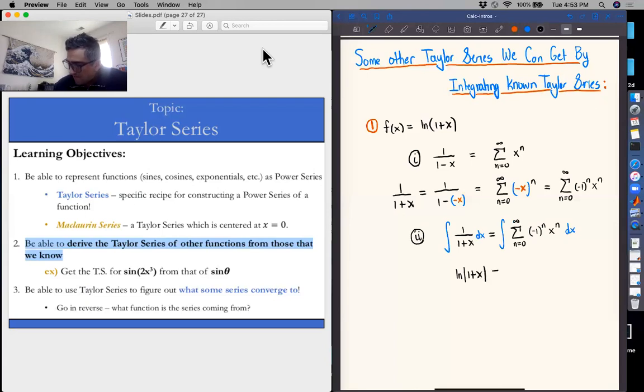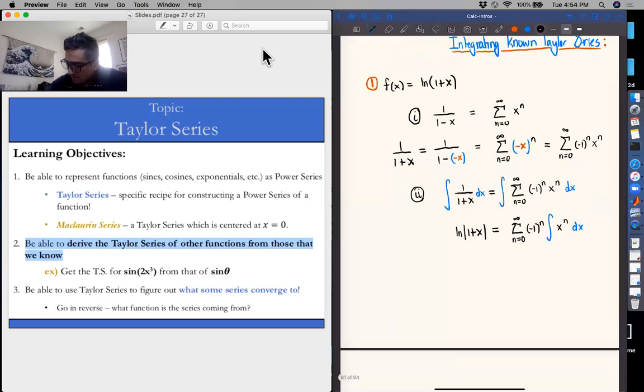So that's where this ln is actually coming from, and it's equal to whatever the antiderivative of the right-hand side is. We're going to use the antiderivative power rule in a moment, but that integral sign passes by the negative 1 to the n, passes by the summation, and it's just going to act on that x to the nth power, because that's the only thing with x dependence inside of that summation.